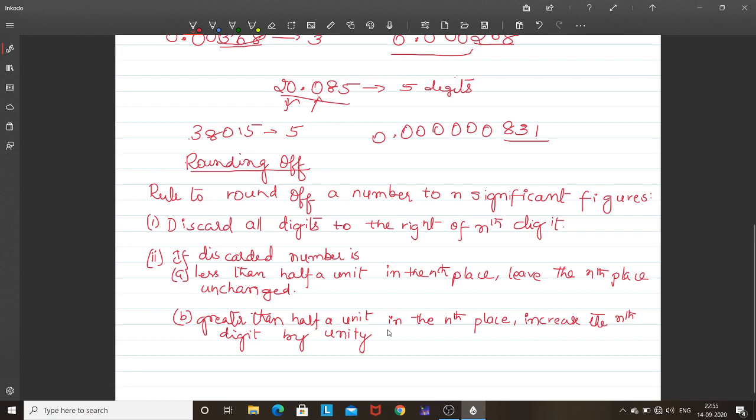Okay, the third possibility is exactly half. What happens if you have exactly half?